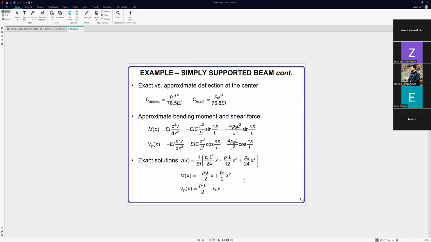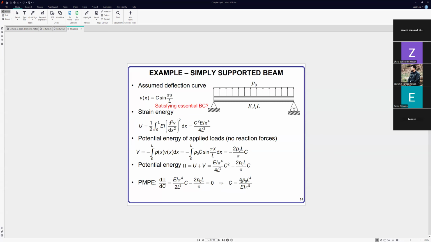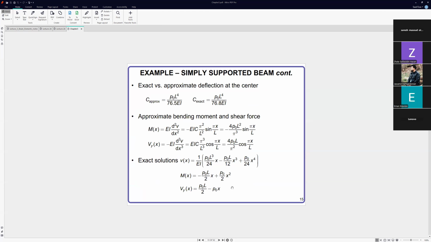So at that time, it is 4 P naught L to the power 4 over EI pi to the power 5. What's this value? 4 divided by pi to the power 5 is equal to 0.01307.